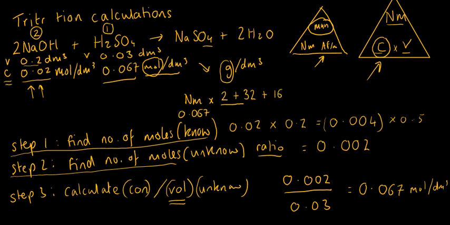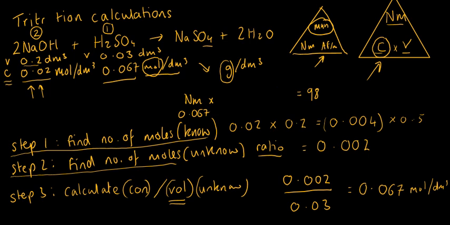Oxygen has an atomic mass of 16, so 16 times 4 gives me 64. 32 plus 2 gives me 34. And 64 plus 34 gives me 98. So my formula mass is 98.